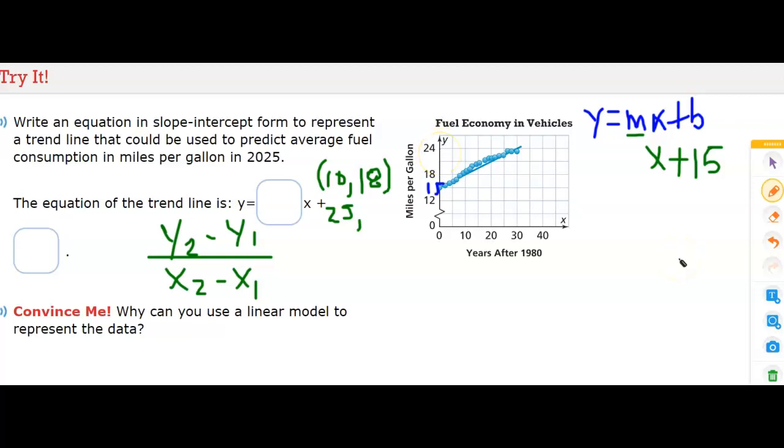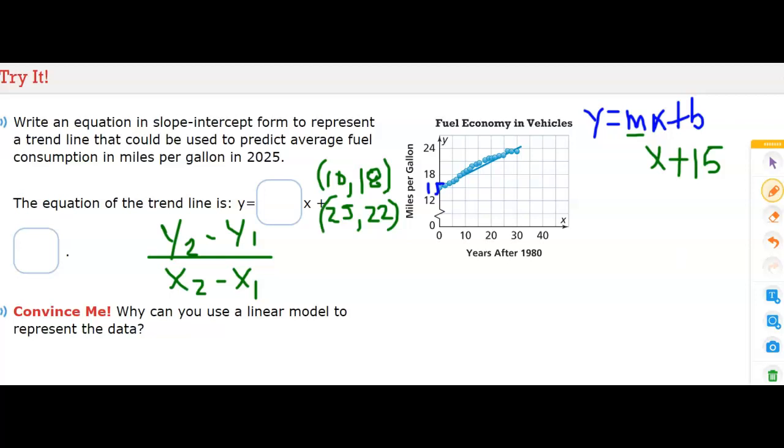It could even be about 22.5. Just so I don't have a decimal, I'm going to go with 22. So now I have my first set of coordinates and my second set of coordinates.